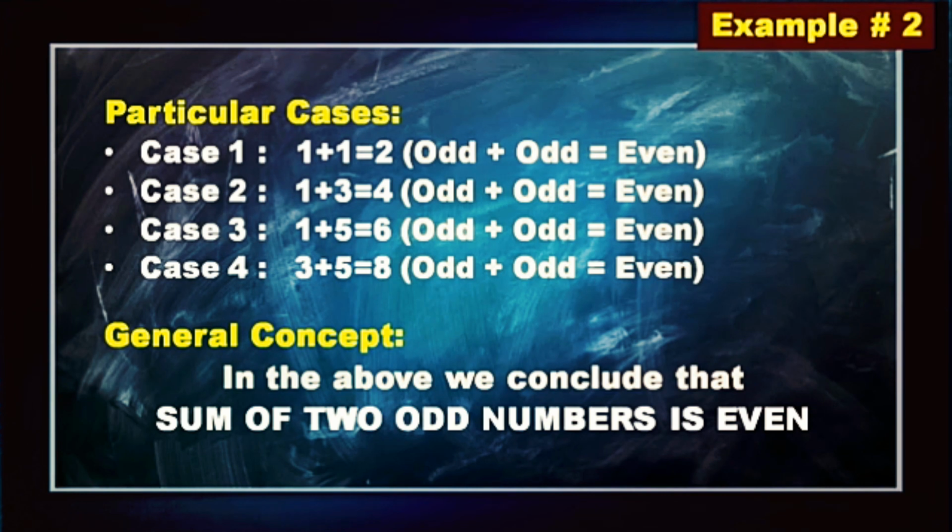Here all the numbers I used for addition, 1 plus 1, 1 plus 3, 1 plus 5 and 3 plus 5, are odd numbers. Then finally what output comes? Every result comes as an even number. It seems that the sum of two odd numbers is even. So now I conclude this particular statement, sum of two odd numbers is even, by using the particular cases.